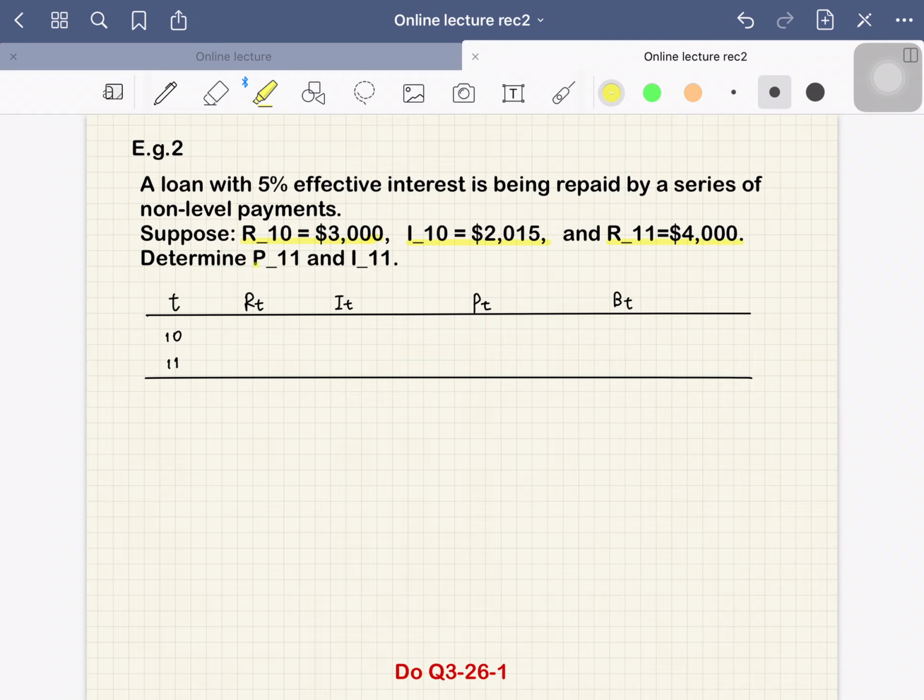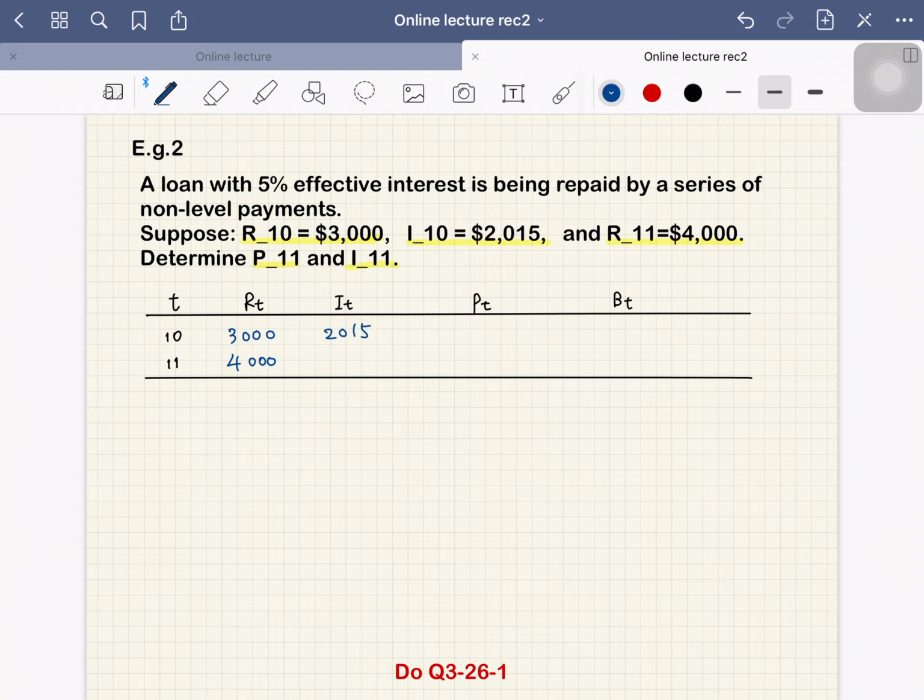We want to determine P11 and I11. So given information, R10 is 3,000, R11 is 4,000, and I10 is 2015.